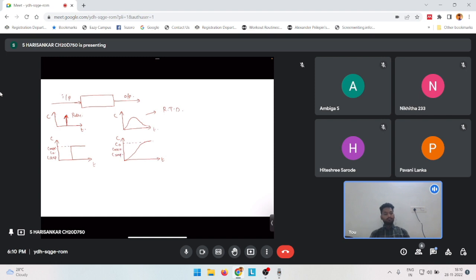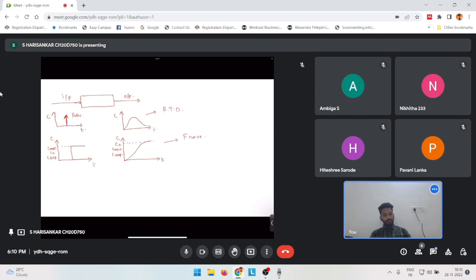This C versus t curve is analogous to the E curve that we derived for the pulse input. Here we get what is called the F curve, which is analogous to the residence time distribution, but for a step input.